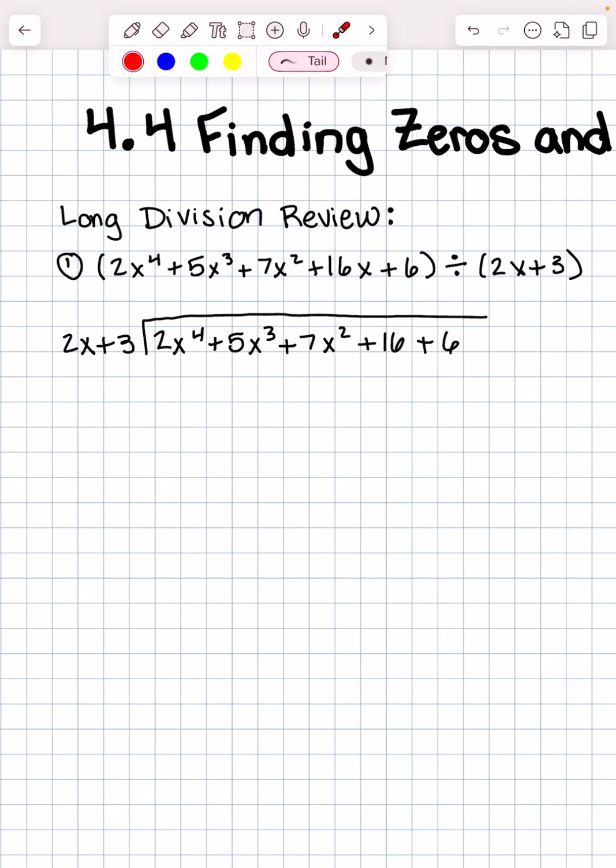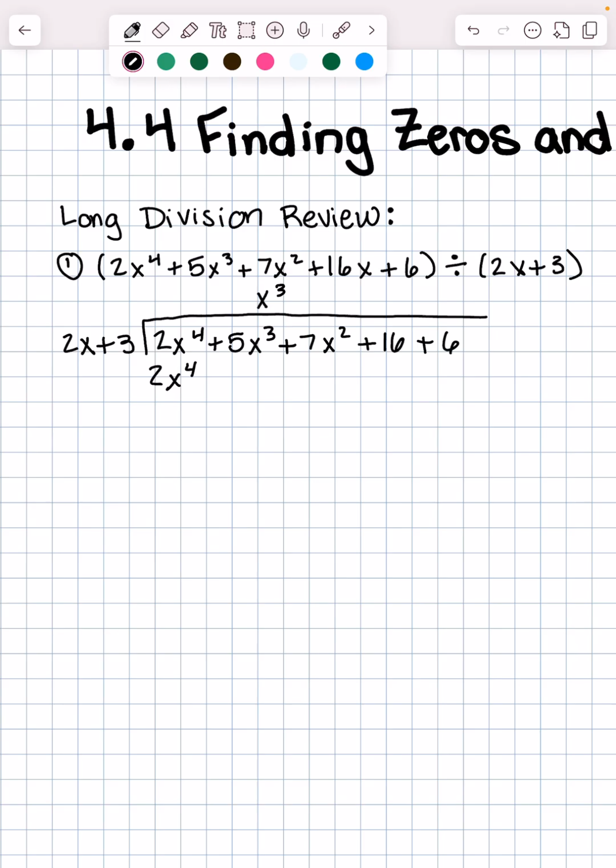And then we are just focused on this 2x, and we start by focusing on 2x to the fourth. So what could I multiply by 2x to get 2x to the fourth? Well, that would be x cubed, so I'm going to put that above my x cubed term. And then we're just multiplying x cubed to both of these terms and putting them under the appropriate variables. So x cubed times 2x would be 2x to the fourth.